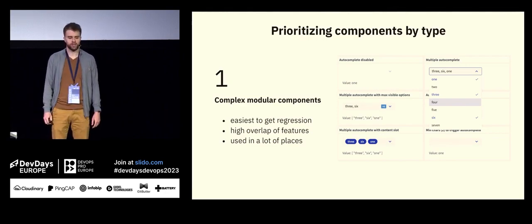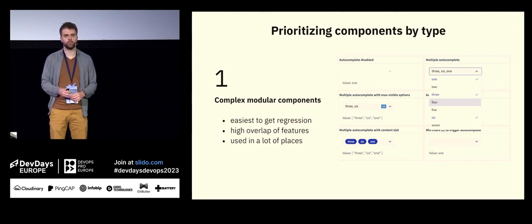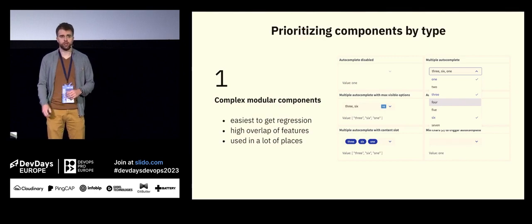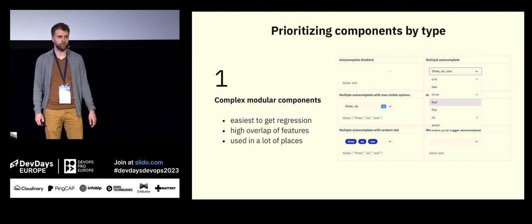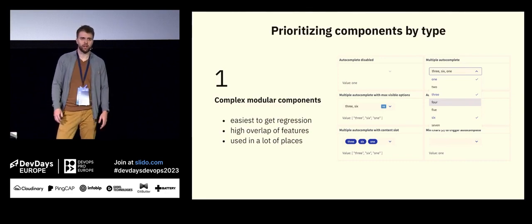The reason is that it's very easy to get regression. These components are hard to understand for a developer, hard to support. And they're also often used in a lot of places across the application. So if something bad happens, it might happen across the whole app, which is not ideal.